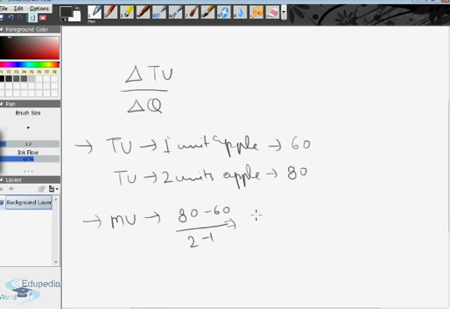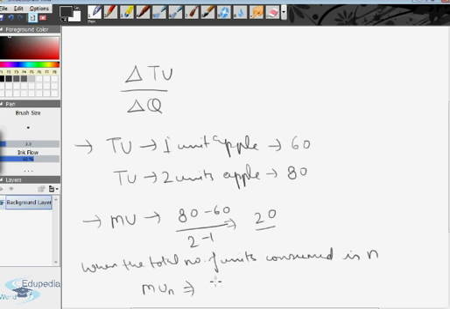So it will be equal to 20. In other words, when the total number of units consumed is n, then marginal utility from n units will be equal to total utility of n units minus total utility from n minus 1 units.